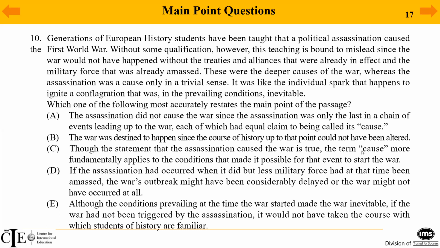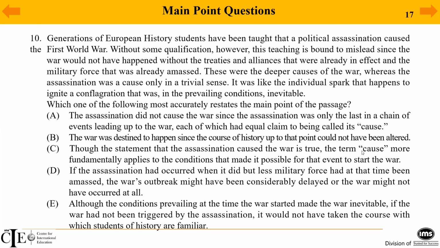Although the conditions prevailing at the time the war started made the war inevitable, if the war had not been triggered by the assassination, that we do not know. That is not the topic. It would not have taken the course with which students of history are familiar. Now, what would have happened if this assassination had not happened is not the scope of this argument.